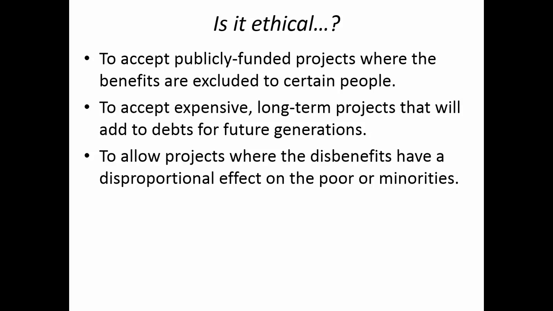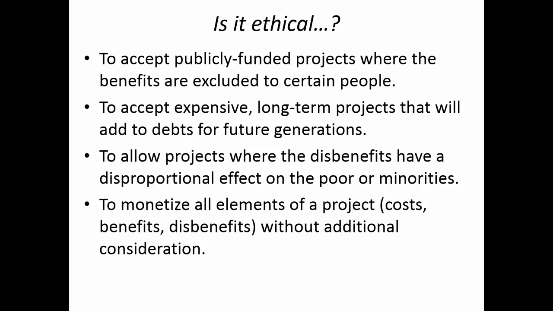But since they don't have much ability to raise concerns with politicians, they have less influence than people in richer neighborhoods. And so sometimes projects have a disproportional disbenefit on poor people or minority groups. Pollution of water for areas that have minorities was a point raised by the textbook, and how it's not ethical to load all of the disbenefits on people who have fewer advantages.